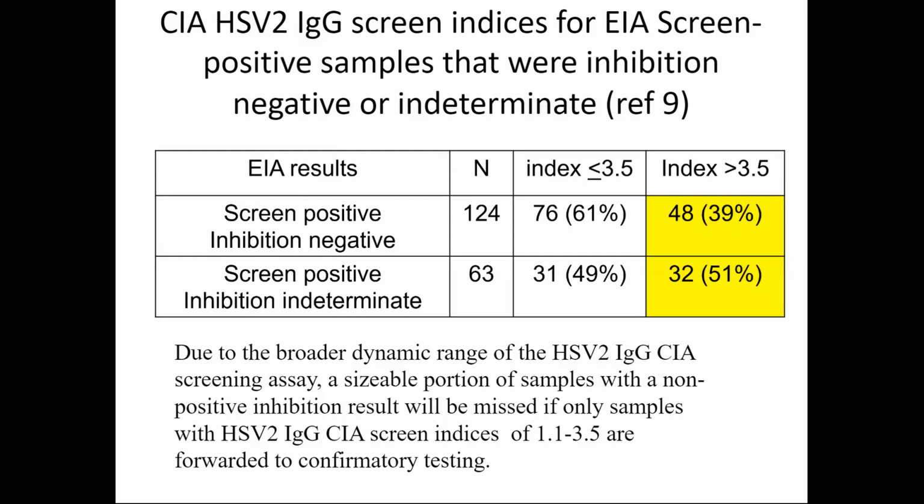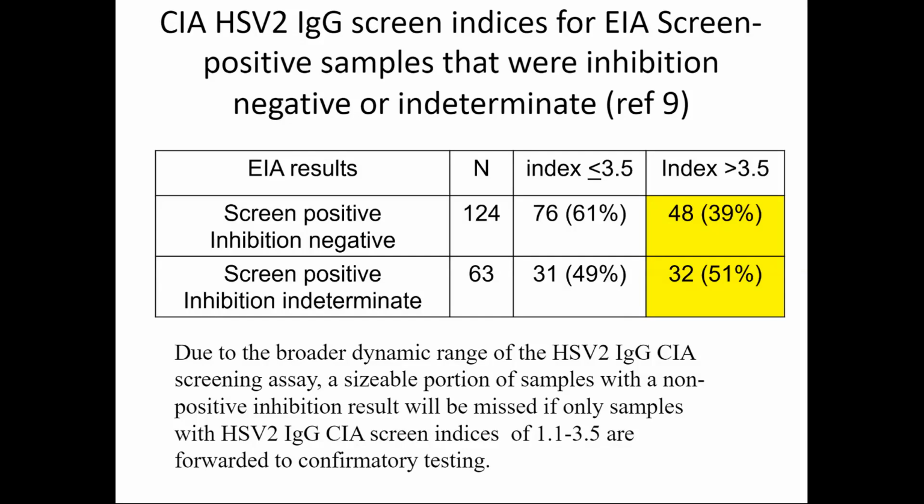So we took these samples that were EIA screen positive but inhibition negative, those same 124, and whereas before 20% had an index greater than 3.5 using the EIA, nearly double, 39% had index values greater than 3.5 using the CIA assay.